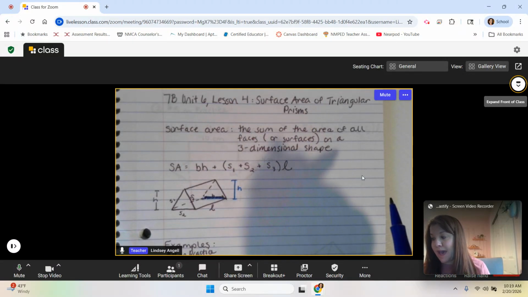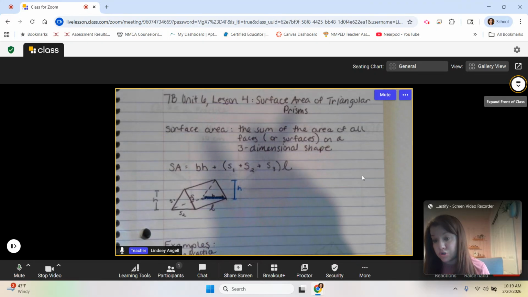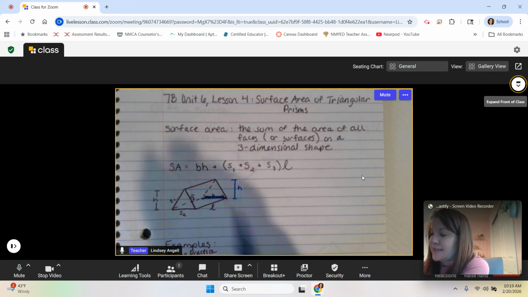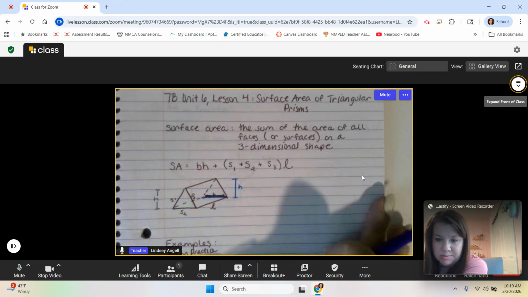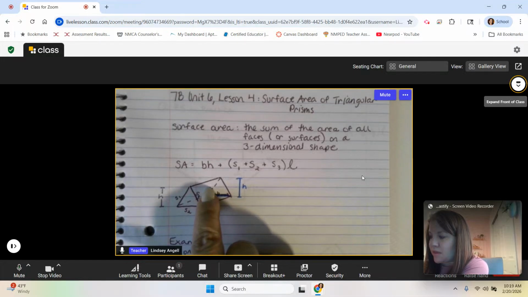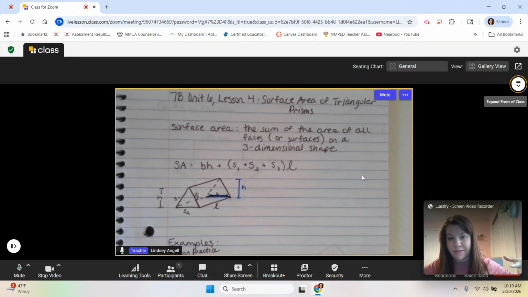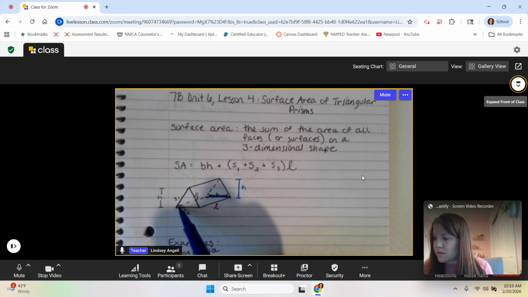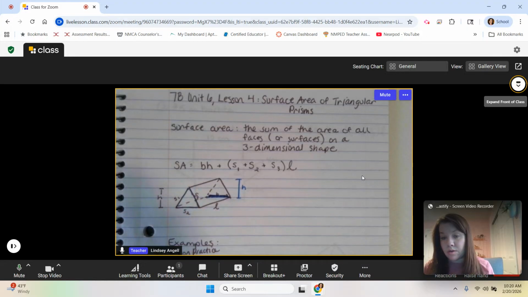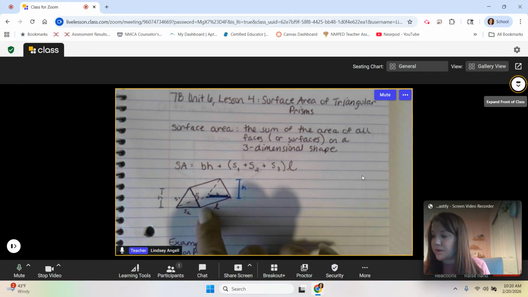Then, if I were to look at this as a net, which we will in one of the examples today, all three of these sides, like the right, the left, and the bottom, if we were to lay all of them out flat, they'd be one big rectangle with the three sides of the triangle being the width of the rectangle, and then we also have the length.